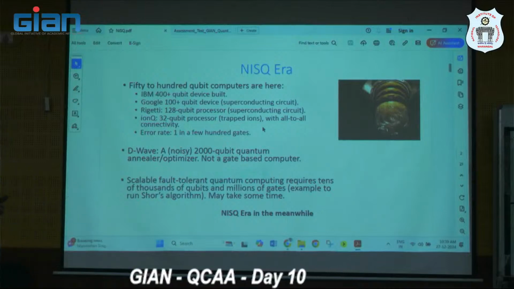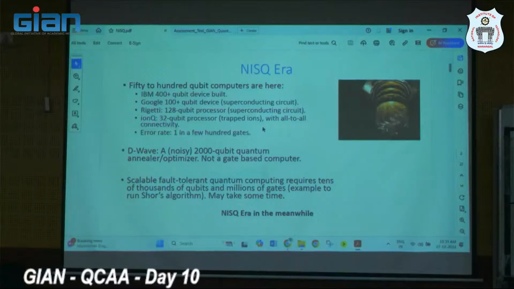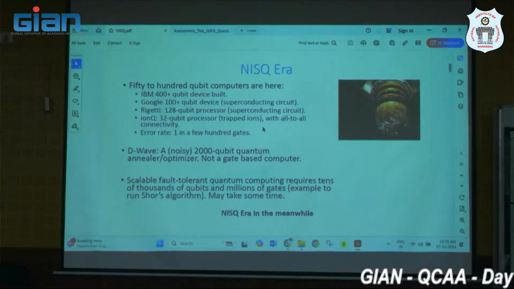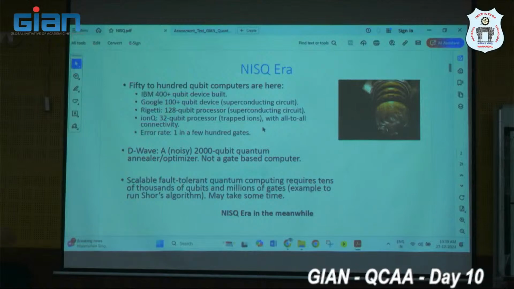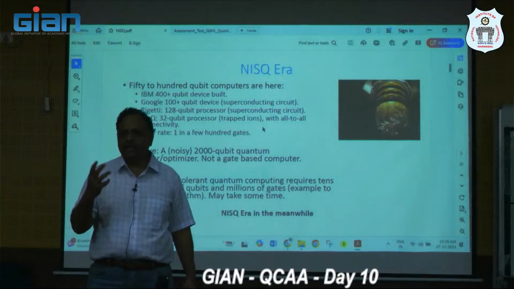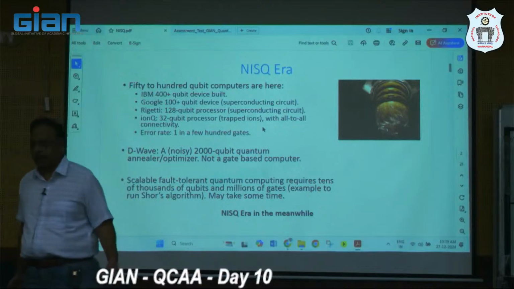There is this trade-off. So what people have calculated is that if the physical error, that is error per gate, is below a certain threshold delta, then these error correcting codes win over that error. If it is more than that, the error correcting codes will lose, correct? Because the error will accumulate very quickly.